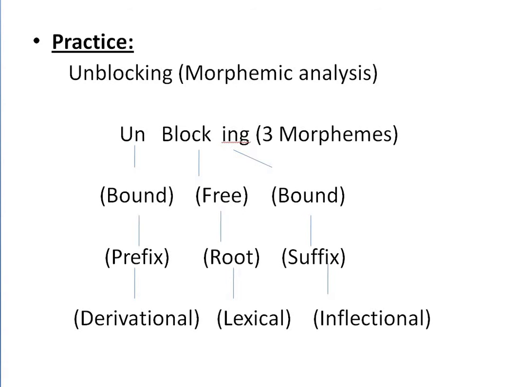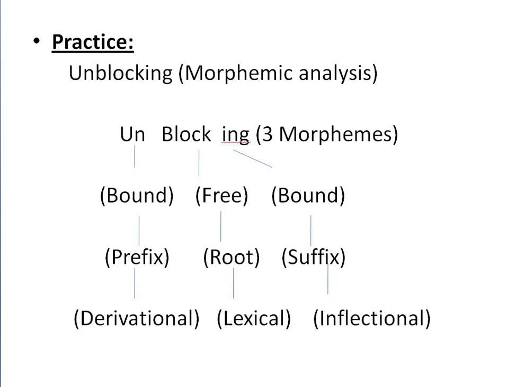We are going to do the morphemic analysis of how the word unblocking is actually structured, actually formed. The main first step is to divide a complete word into morphemes. We first have to see how many morphemes are present in the word. Unblocking contains 3 morphemes: un, block, and ing.